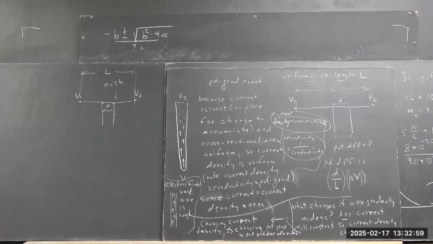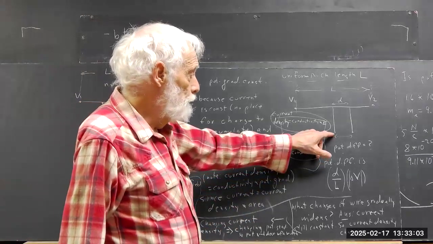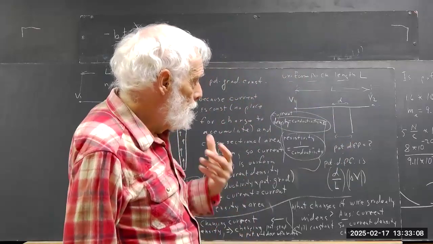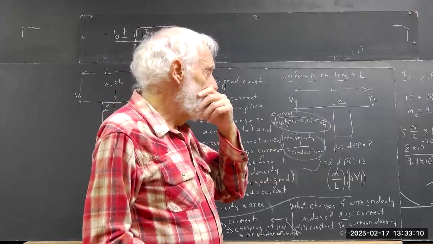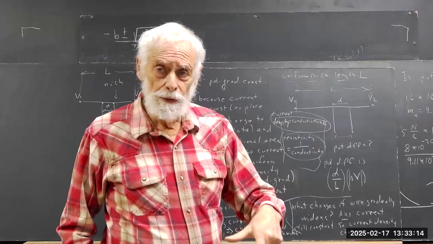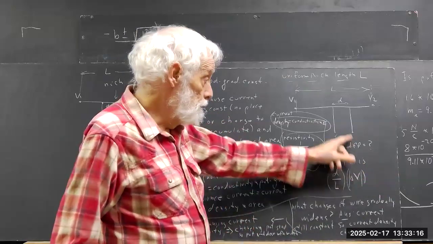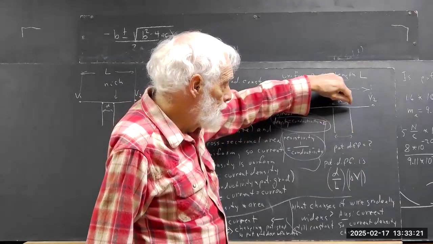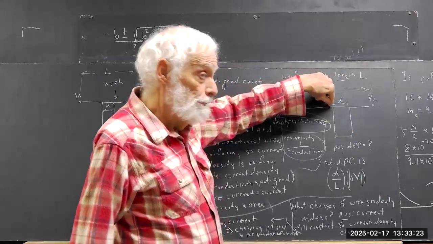Okay, same picture as before. So at this point, let's reemphasize, let's make sure we've got this. The potential difference between here and here is the same as the potential difference between here and here, right?